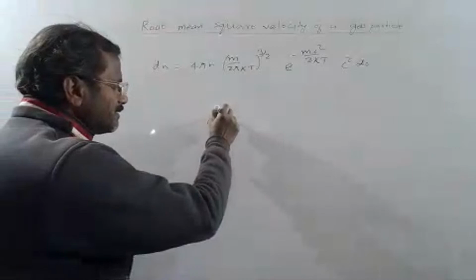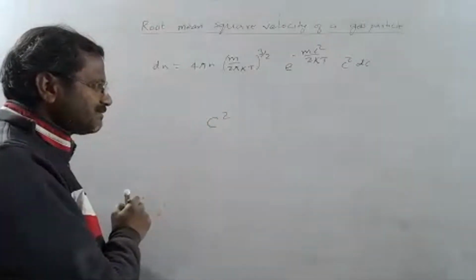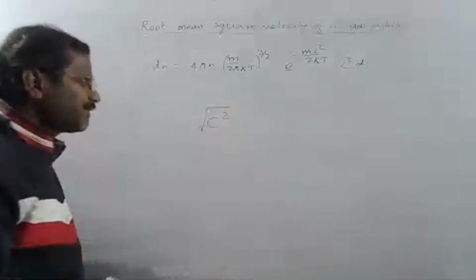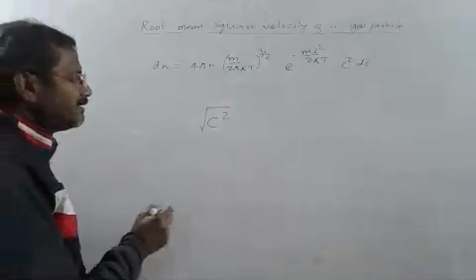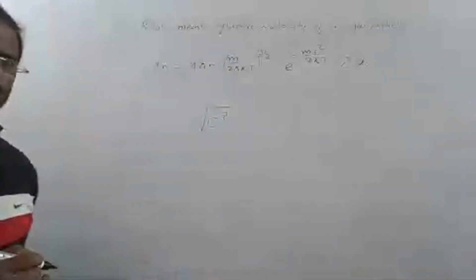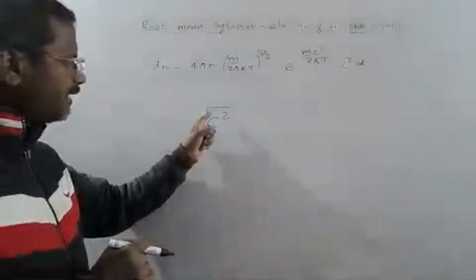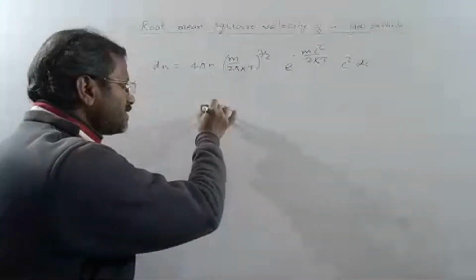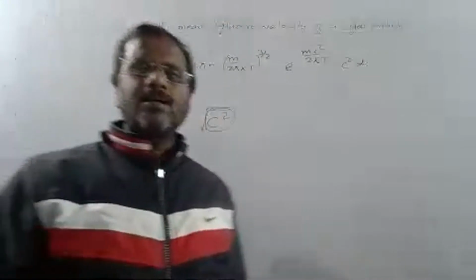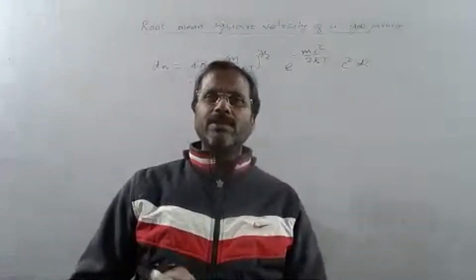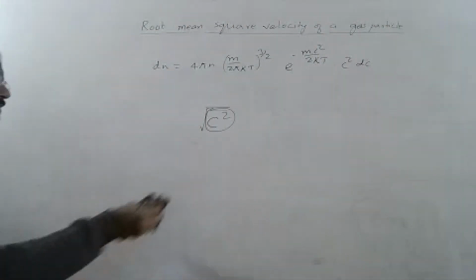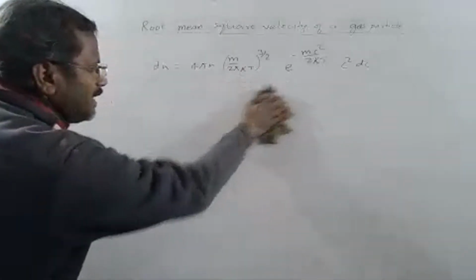That means we take the square of velocity, c square, then the mean of the square velocity, and then the root. First we calculate the mean of the square velocity and then take the root of both sides, and we get the root mean square velocity of a gas particle. Okay, so let us start.